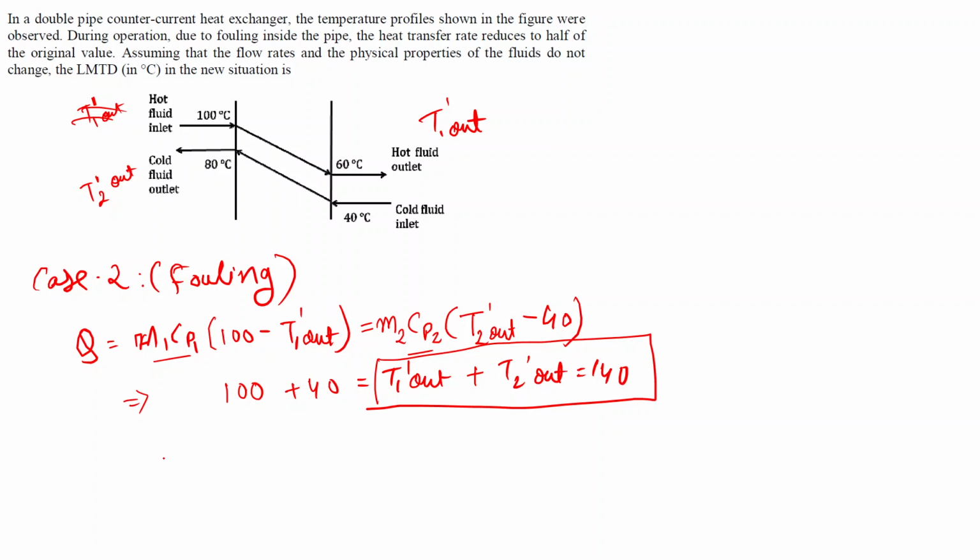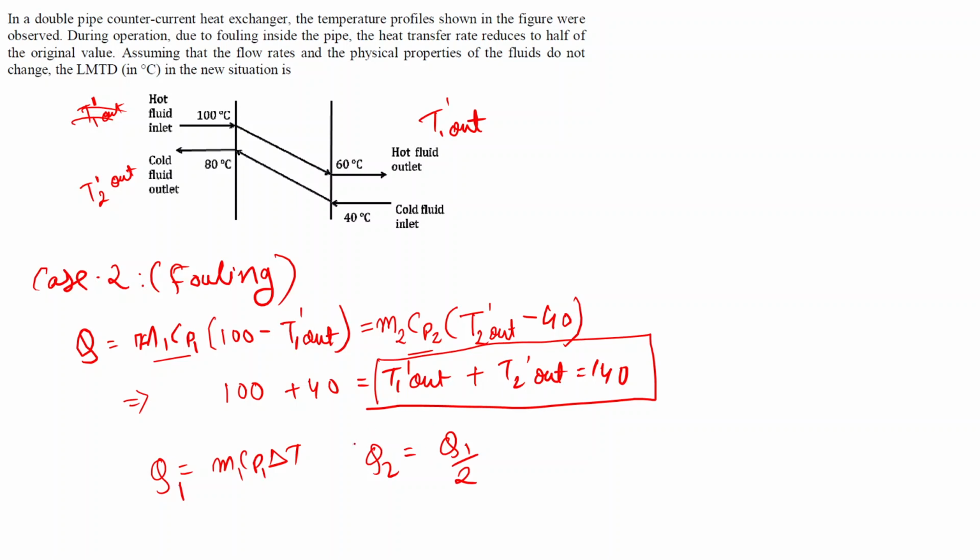From the earlier slide we can calculate the value of Q. So Q will become m Cp delta T, and for the second case, that is the fouling case, we have Q2 is equal to Q1 upon 2.